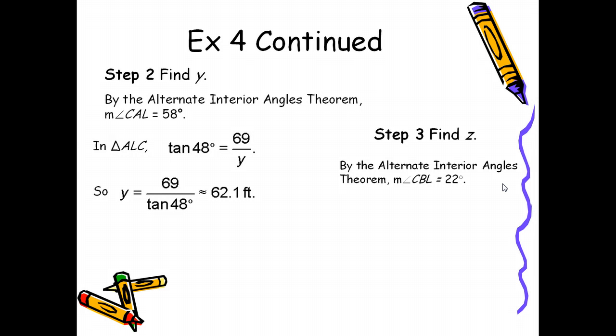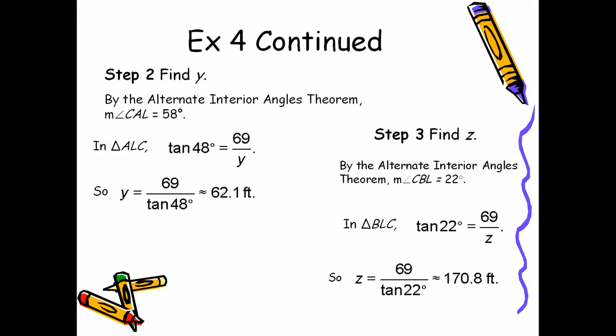So, by the alternate interior angles theorem, measure of CBL equals 22 degrees. In the whole triangle, BLC, the tangent of 22 degrees equals 69 over z. So z would be about 170.8 feet.